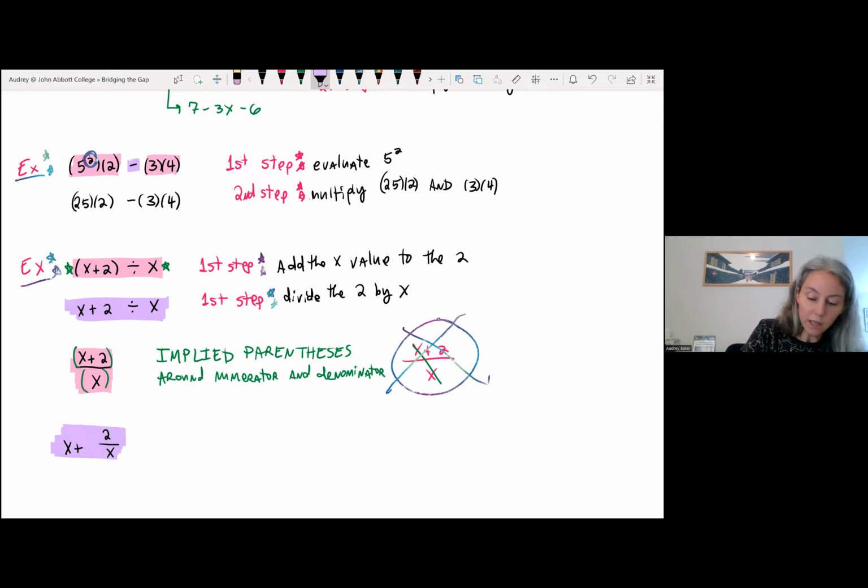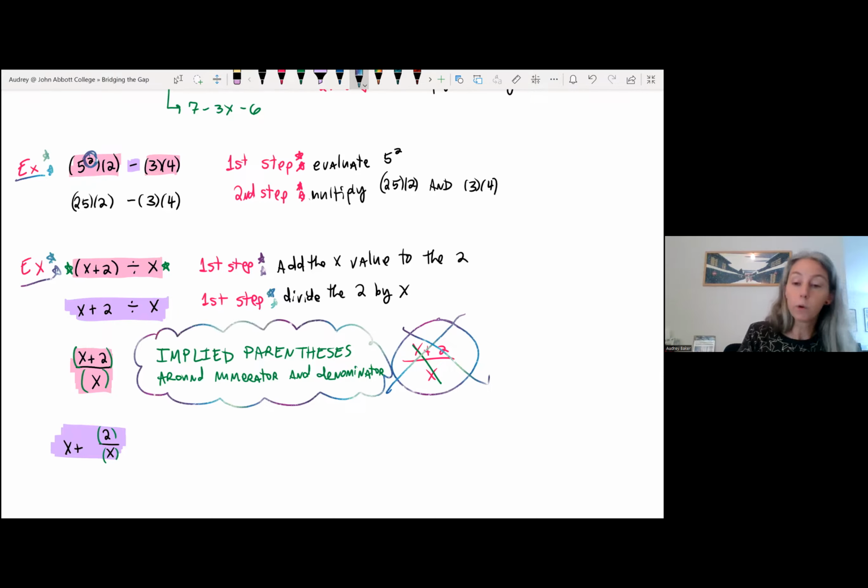And in this case, once again, there are implied parentheses around both the numerator and the denominator, but I don't need them because I'm using fractional notation, and I don't have multiple terms. There are no pluses and minuses in the numerator or the denominator. So this idea of implied parentheses is really important when we're using this fractional math notation.